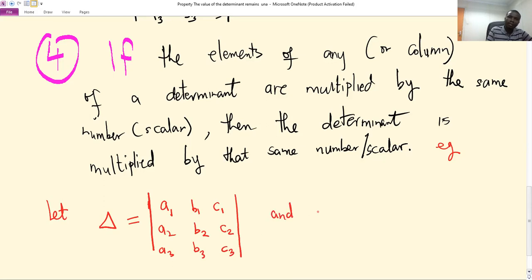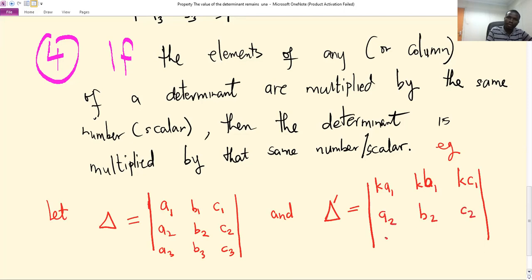and let this be the determinant K A1, K B1, K C1, and then A2, B2, C2, A3, B3, C3.